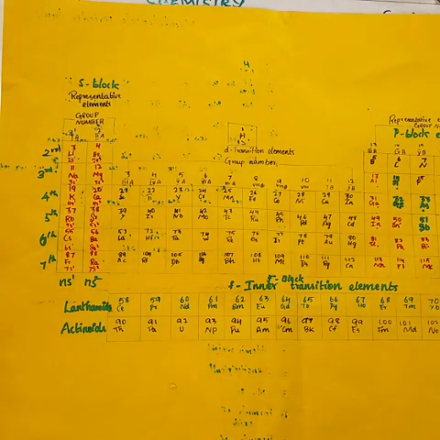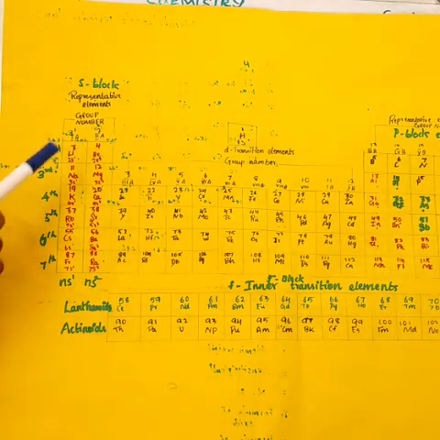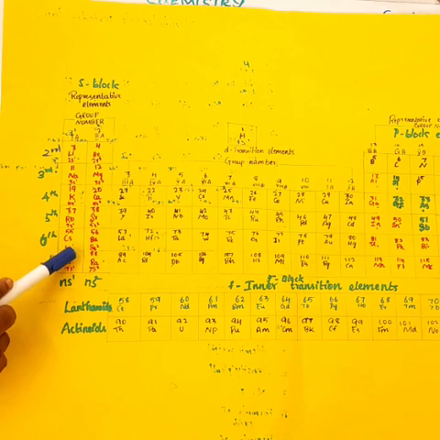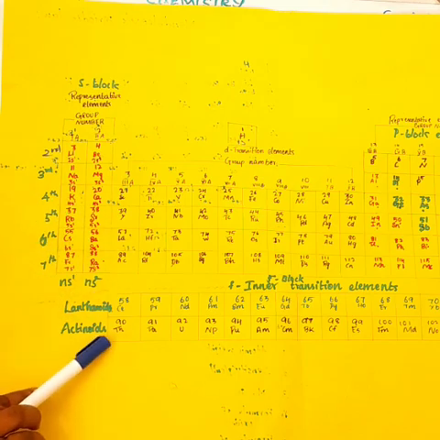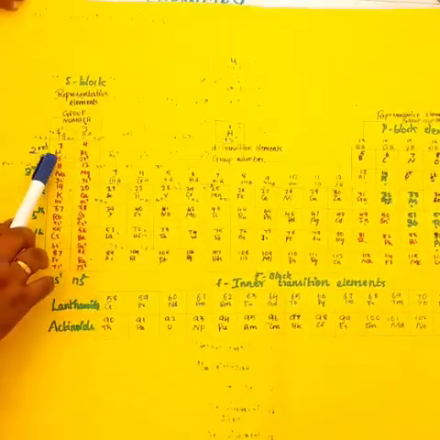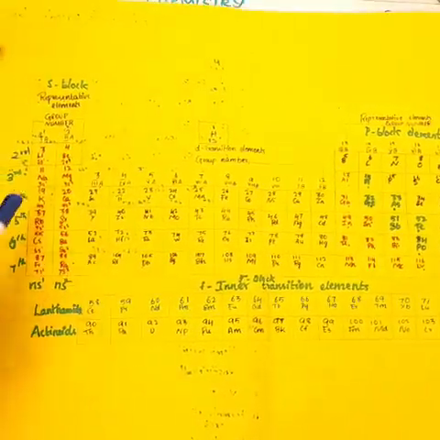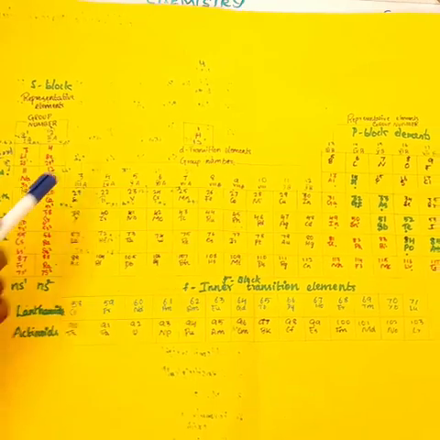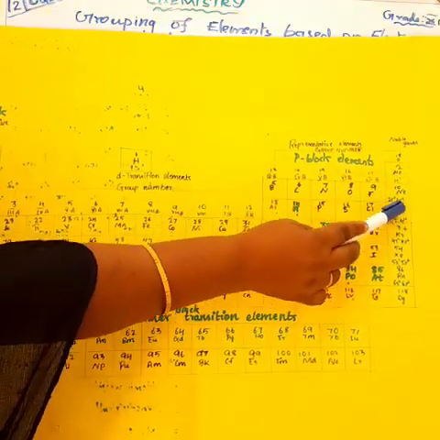So each period starts with the general electronic configuration ns1, and it ends with ns2 np6.